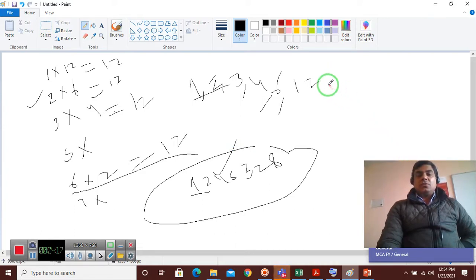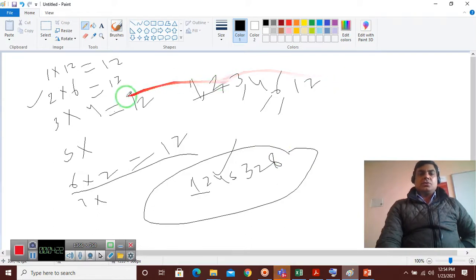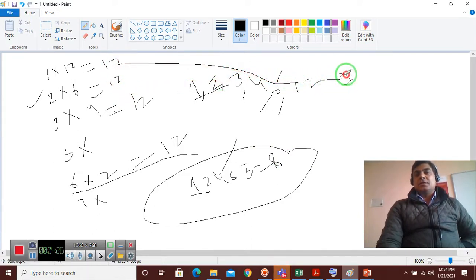So if you want to find all the factors of any number, you should find the prime factorization, that is, use the fundamental theorem of arithmetic.